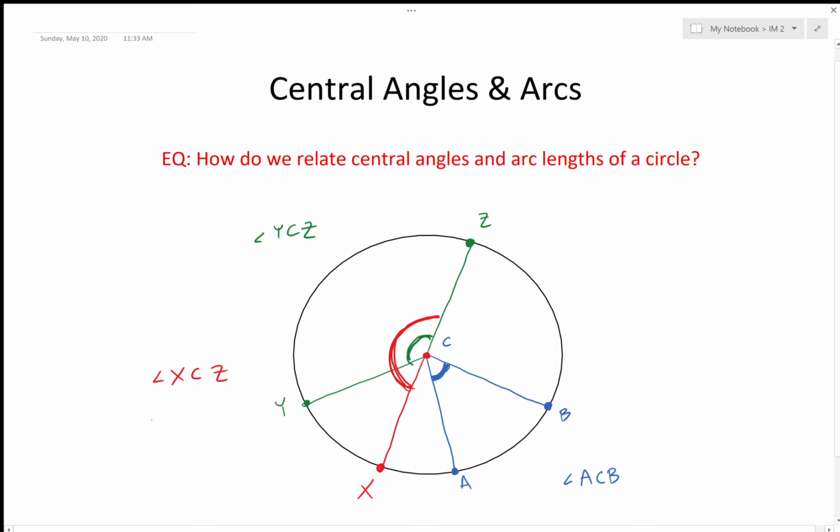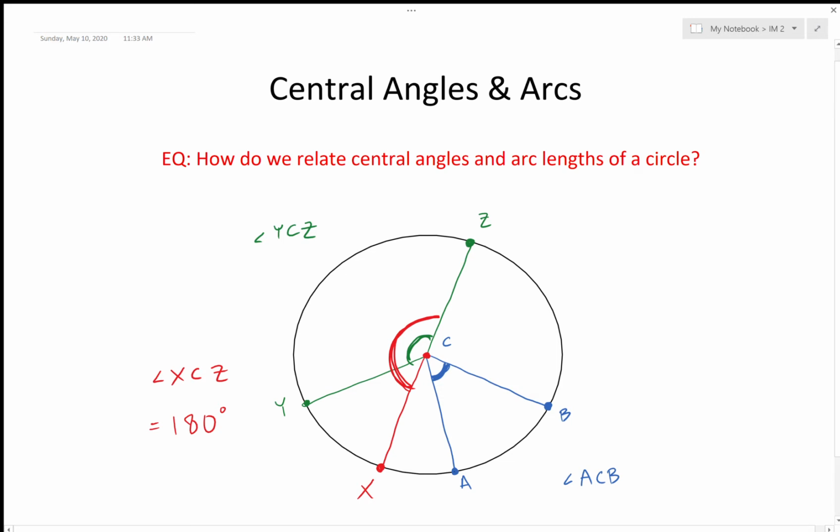So this time, we can actually put a measurement on that. Angle XCZ is equal to 180 degrees, because that's half of the circle. Around the whole circle would be 360, so what cuts it in half would be 180.